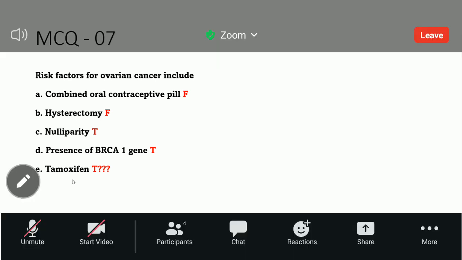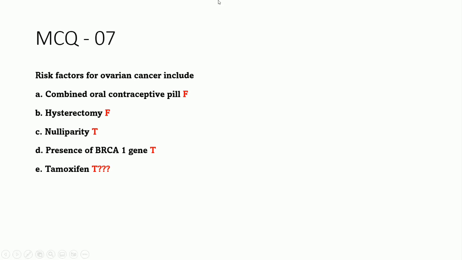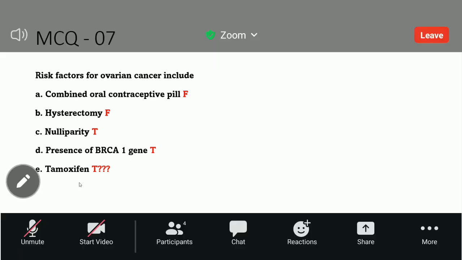True, because with long-term tamoxifen, endometrial cancers also increase, no? I think that will be true, then. And for the ovarian also there is a hormonal component, no? Yeah. The problem is whenever there is an increment of the ovulation cycles, the risk is increased.